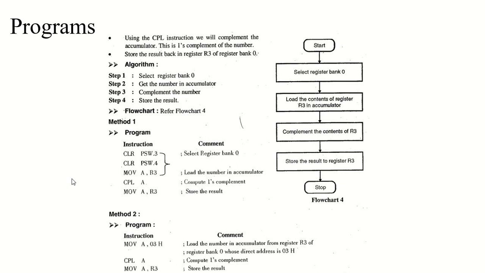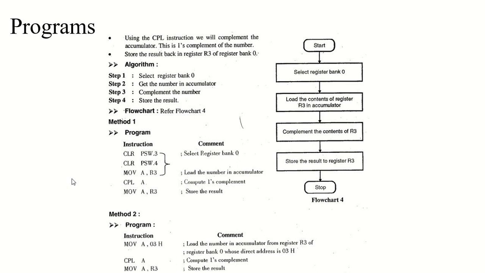So first we have selected register bank 0 with clear PSW.3 and clear PSW.4. I'm talking about instructions, by the way. Then we have used the move command to move the number from register R3 to the accumulator. So we used MOV A, R3 to move the number from R3 to the accumulator.